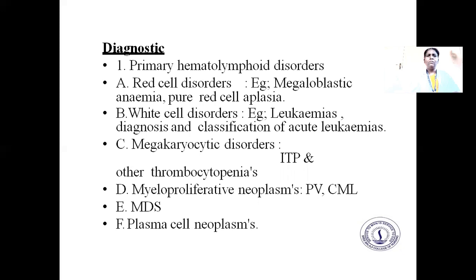Under diagnostic, we saw the primary hematolymphoid disorders, which include red cell disorders, white cell disorders, megakaryocytic disorders, myeloproliferative neoplasms, MDS and plasma cell neoplasms.